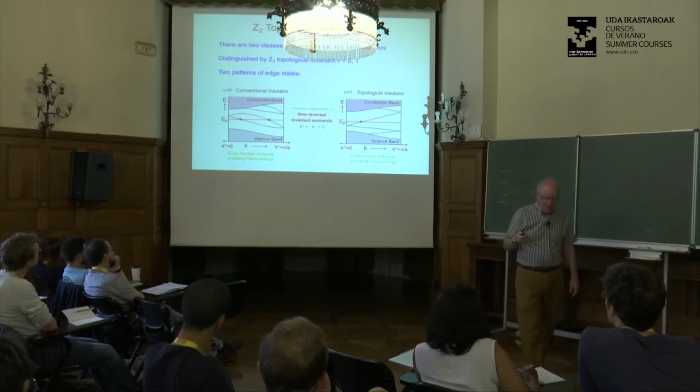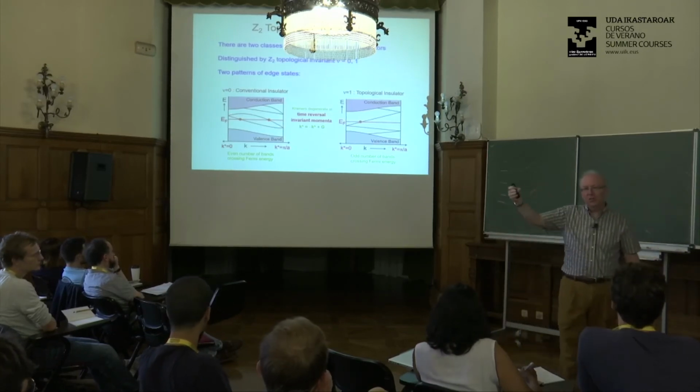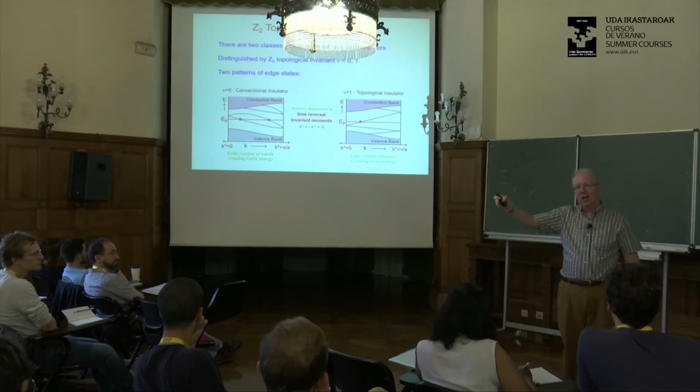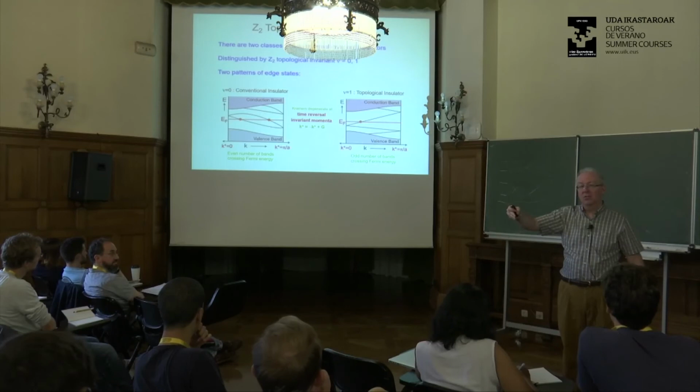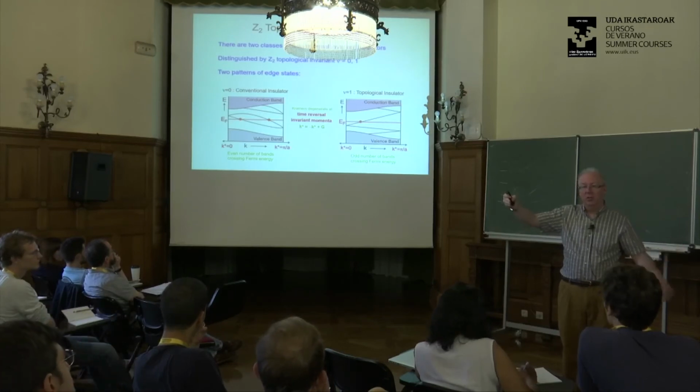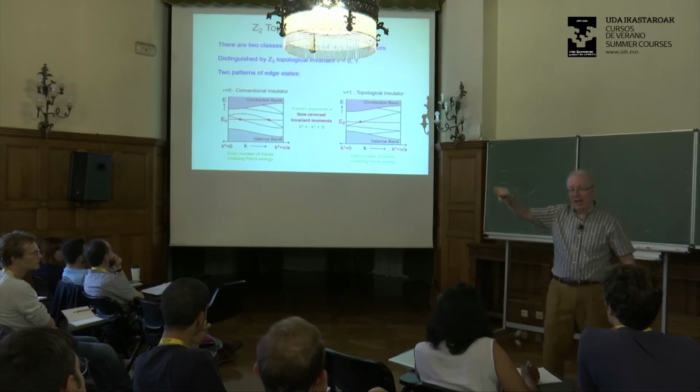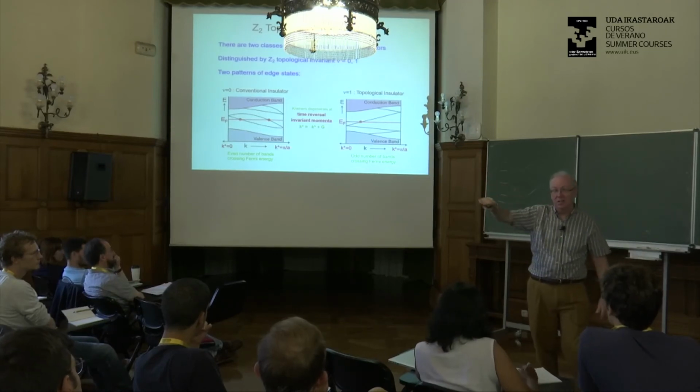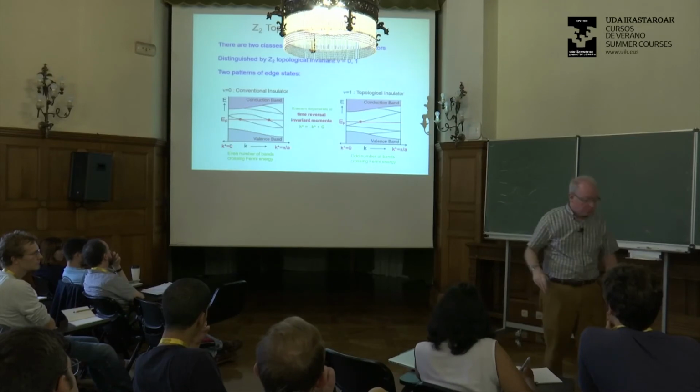And it's always possible that there could be states that are localized at the edge inside the gap. There's no rule against that. That's always possible. Even in a completely trivial insulator, there could be mid-gap states, but they have to decay evanescently into the bulk when they're inside the gap.